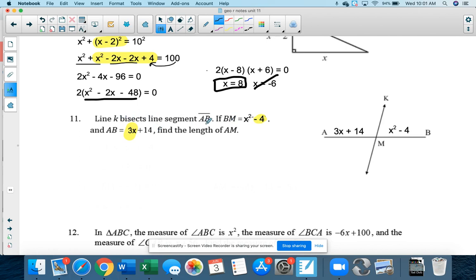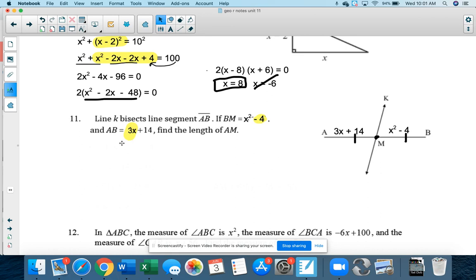K is bisecting the line segment. If this line K is bisecting the line segment, that makes M a midpoint, and that means it's dividing this line segment in half. So 3x plus 14 equals x squared minus 4. Remember, you're changing the numbers that were in the original problem.